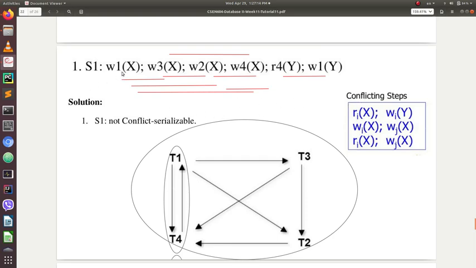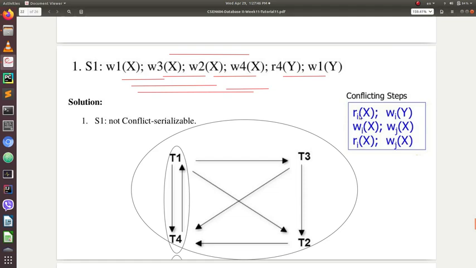Okay, here we have a write operation on element x for transaction 1, then a write operation of element x for transaction 3, then transaction 2 writes x, then transaction 4 writes x, then transaction 4 reads the value of element y, then transaction 1 writes the value of y.